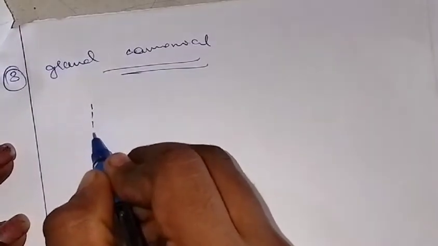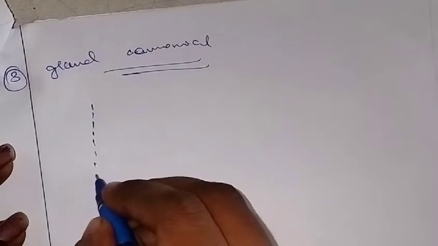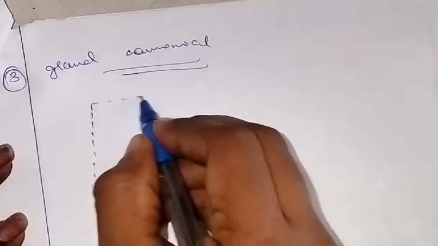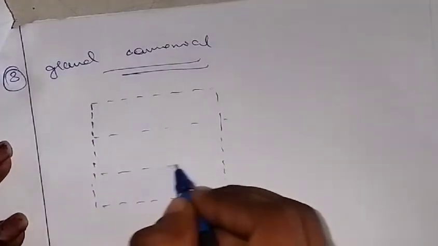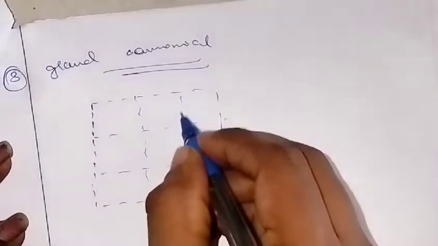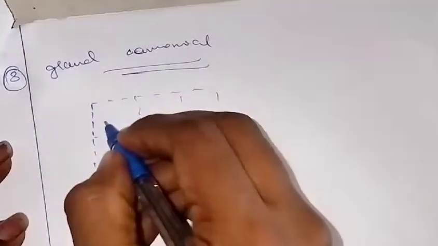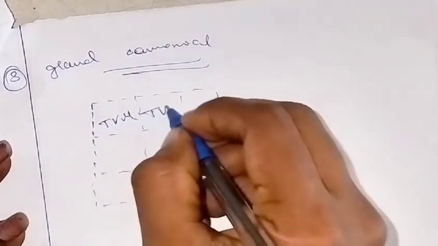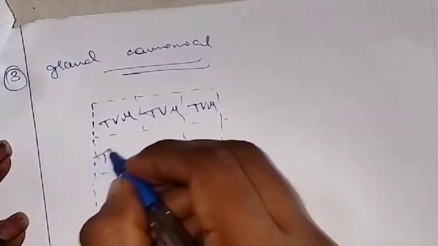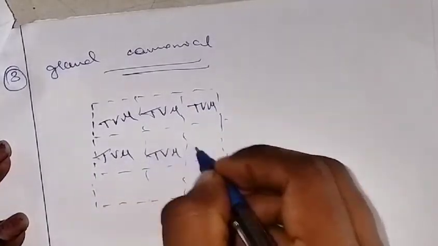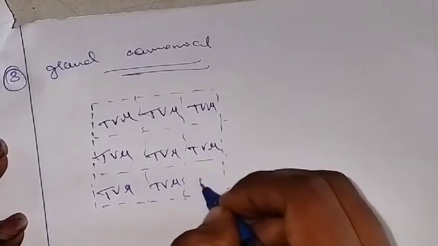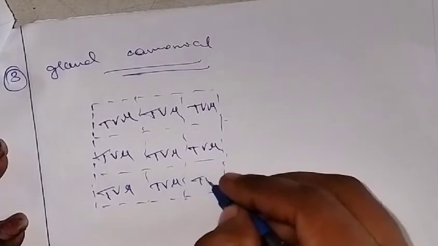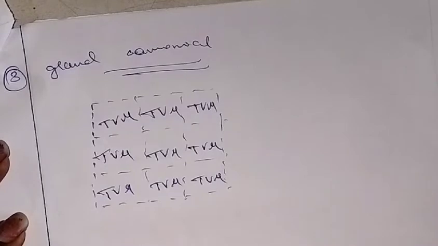By writing the representation, you will get to know what the definition is. Here it is T, V, mu. In all the ensembles you need to write the same. T means what? Temperature. Mu means what? It is the chemical potential. V means volume.